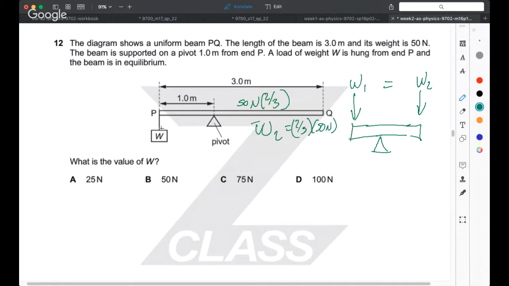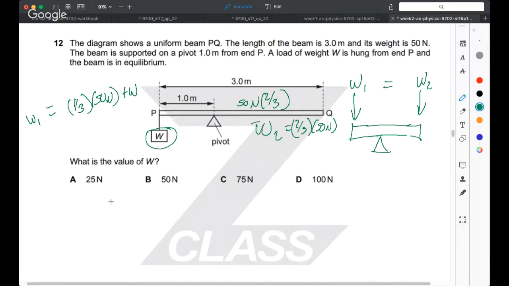How much is the weight of this side? 1/3 of 50. Well, no, because you have this also. Oh, 1/3 of 50 newtons plus W. So this is equal to W1. So we say that W1 equals W2.